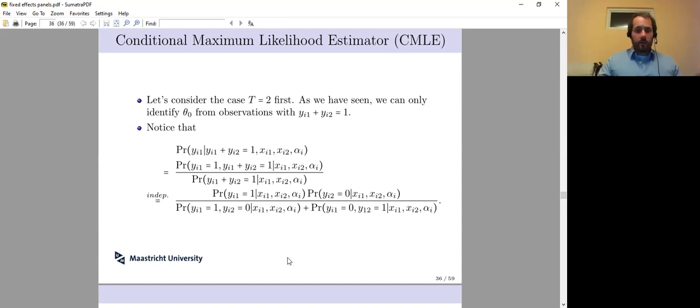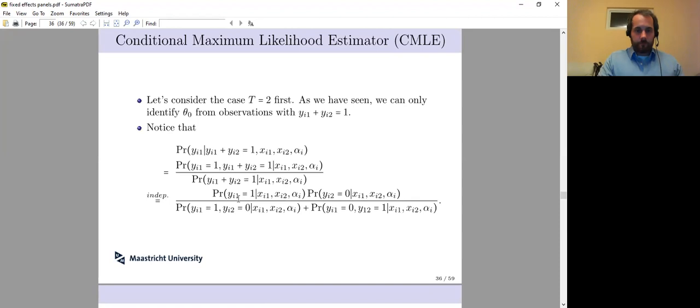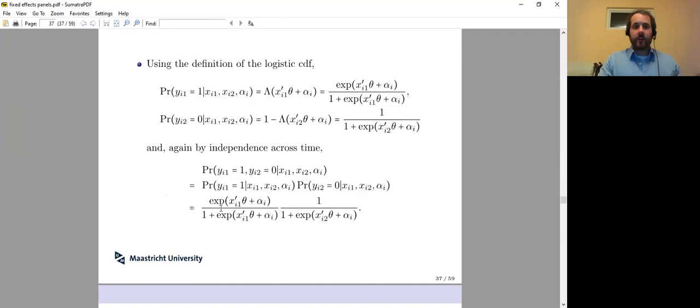And similarly, this thing here, there's two ways in which I can make the sum equal to 1. The first is that yi1 is 1, yi2 is 0, and of course the other case. That's pretty clear. Now, we will work with this form and we will show that it actually does not depend on alpha i.